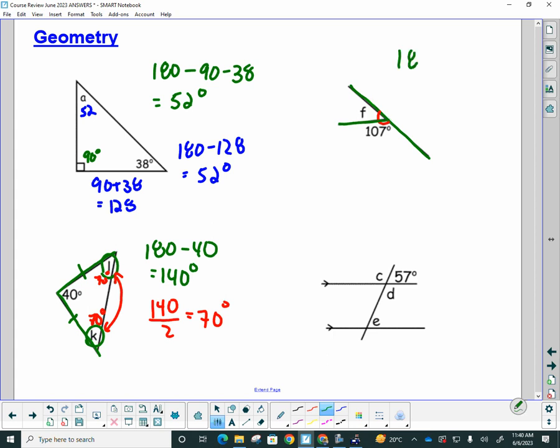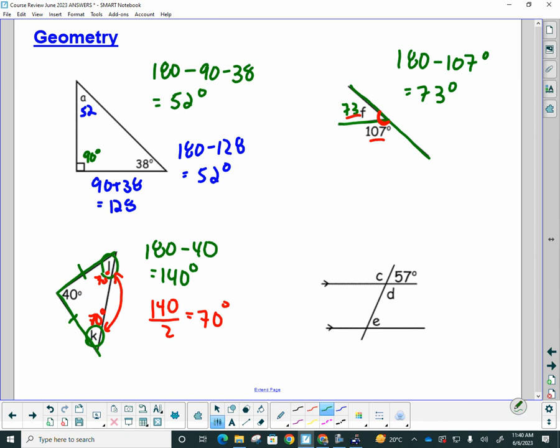So if we have 180 in total and we know we got 107 right there, whatever's left over must be the answer. And so this is 73, so that right there is 73 degrees. So remember the key on that, they are linear pairs, and this whole angle here is 180. We already got 107. That means the rest must be 73.